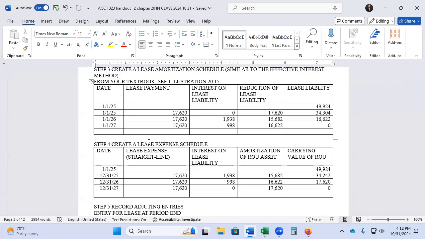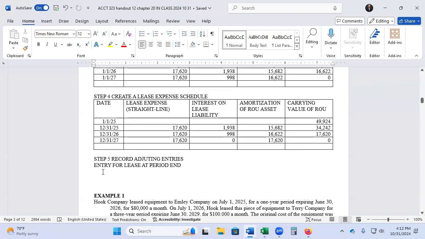And so the interest on the lease liability and the amount that we're going to reduce the right to use asset is going to be broken up. But remember, for the lessee, we're only reporting lease expense. So we're not really reporting interest expense on it. It's part of the total lease expense.